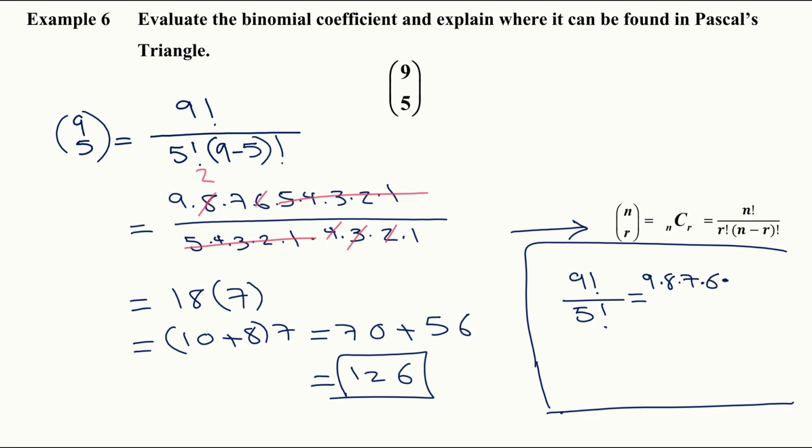Times 5 times 4 times 3 times 2 times 1, which is just what? Which is 5 factorial, right? And then divided by 5 factorial, and then cancel those, and you just get 9 times 8 times 7 times 6. So that's kind of a nice way of handling a problem like that too. That, of course, you can either do by hand or plug into a calculator, okay? So there you have that.